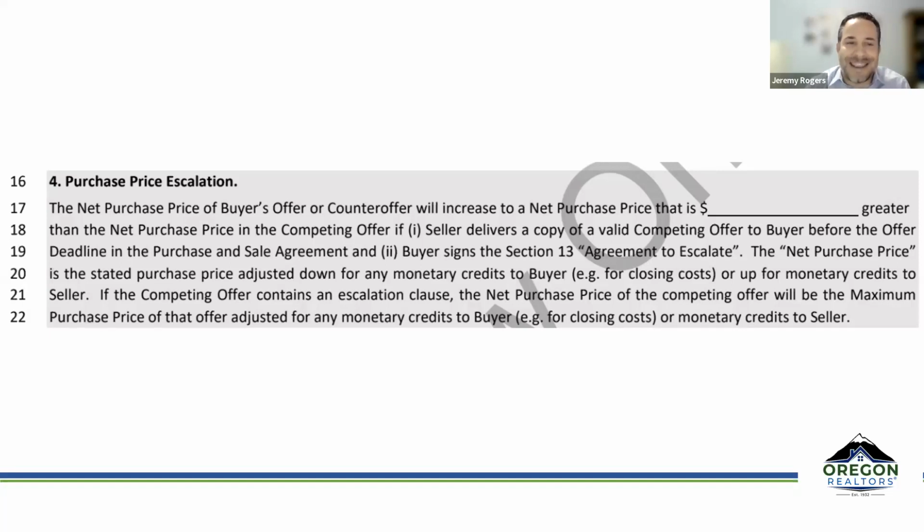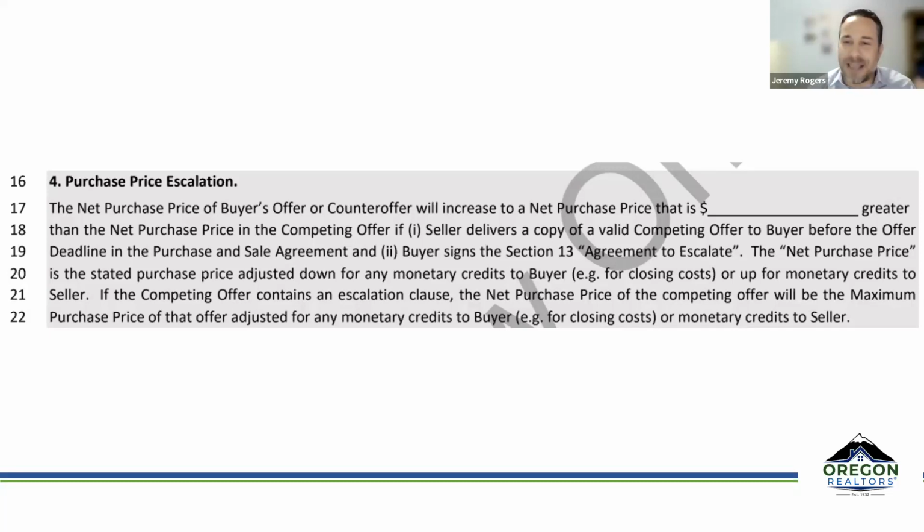We also say that if the competing offer contains an escalation clause, the net purchase price of the competing offer will be the maximum purchase price of that offer, adjusted for monetary credits to buyer or monetary credits to seller. Okay, so for example, if the offer is $400,000, but $2,000 of closing costs to be paid by seller, okay, that adjustment is going to be made.